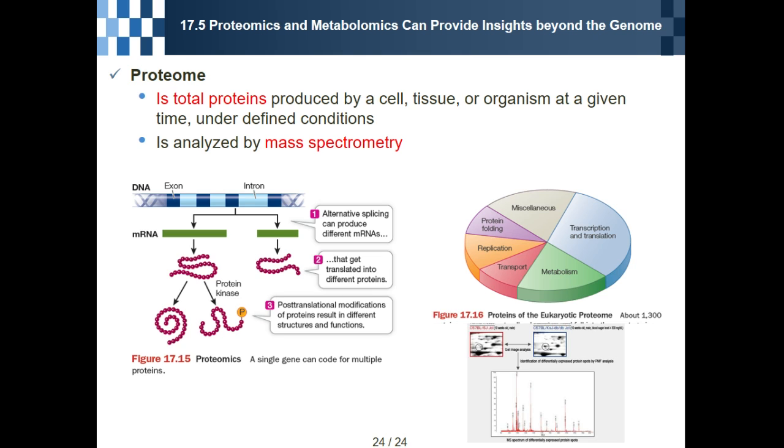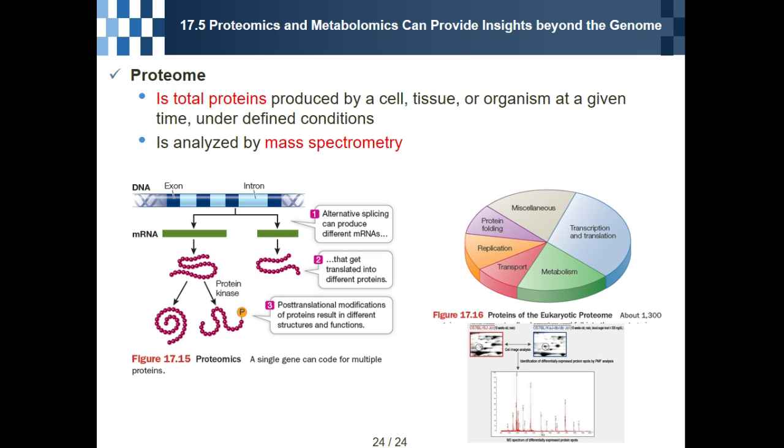We call this mass spectrometry. Nowadays people use proteomics to identify lots of proteins. I will not explain it in depth, but mass spectrometry can identify the molecular mass of each protein, and based on that information, we can identify what each protein is.